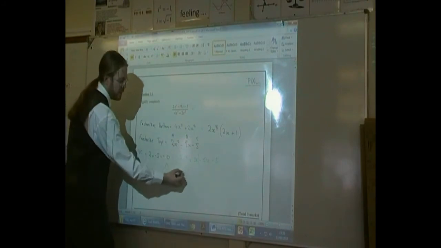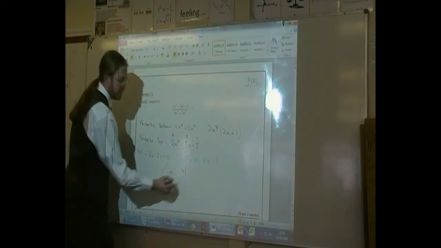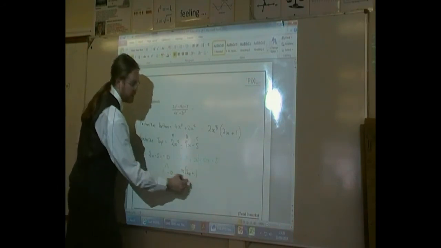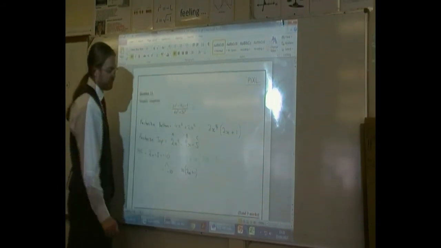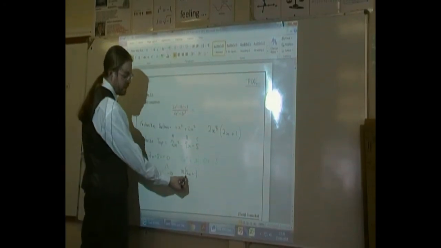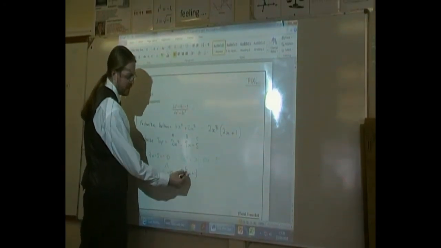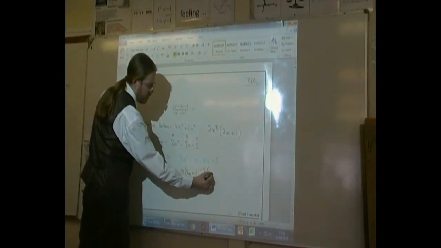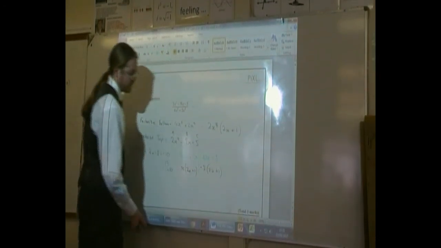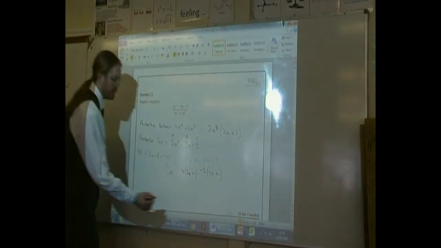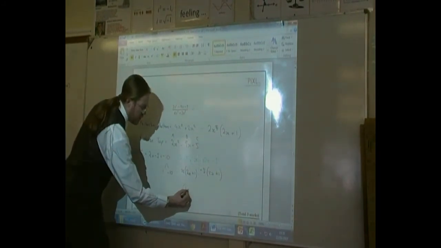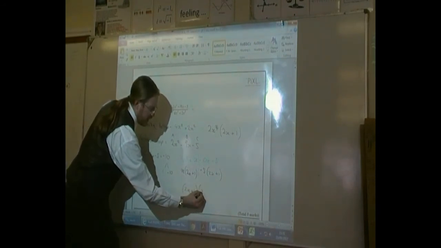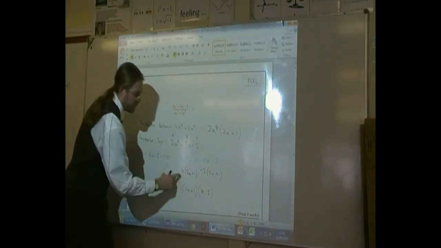So this side, x goes into both, and then what's left is 2x plus 1. I expected that, there it is. On the other side, I know that this bracket's going to be repeated, so I'm thinking what am I multiplying by? It's going to be minus 5 and 2x plus 1. So my two brackets are going to be 2x plus 1 and x minus 5.